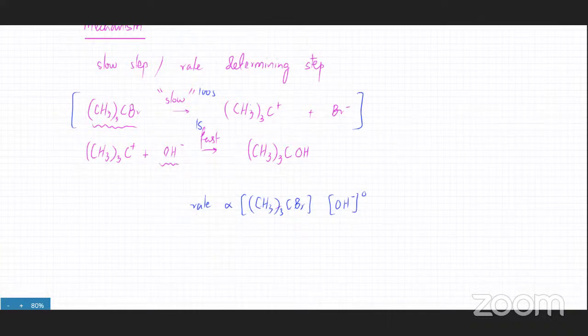So we find orders from a mechanism. How do you find orders? Let me open a worksheet.